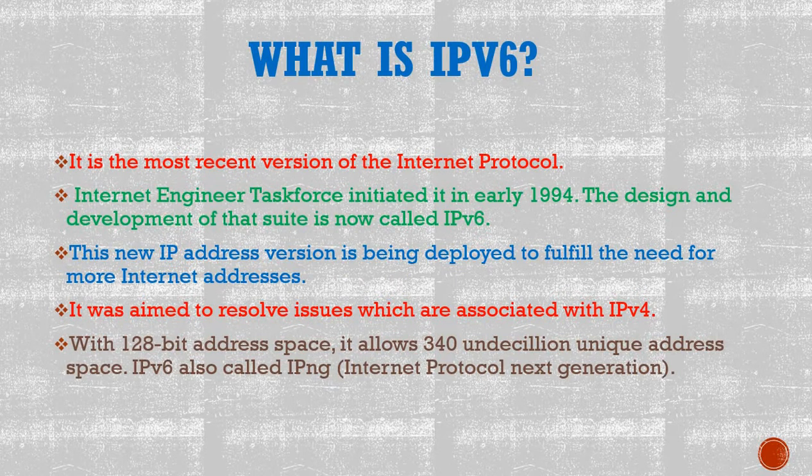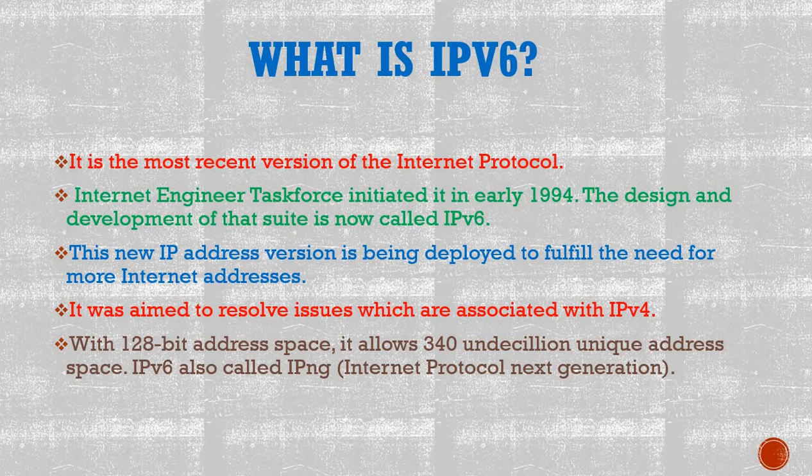Now we will move towards IPv6. This is again a version of Internet Protocol, from the Internet Engineering Task Force. It was invented in 1994. The design and development of that suite is now called IPv6.